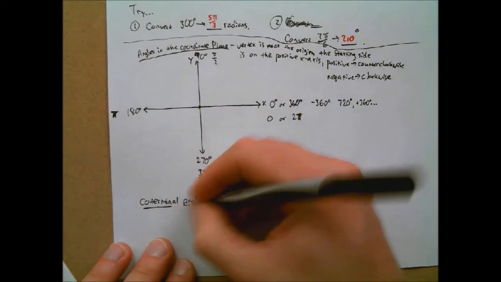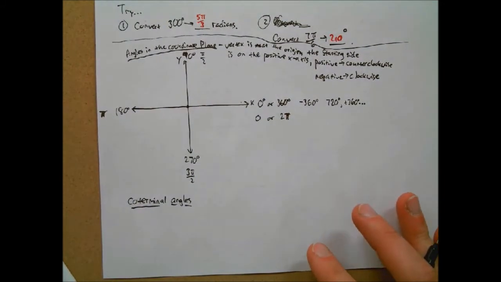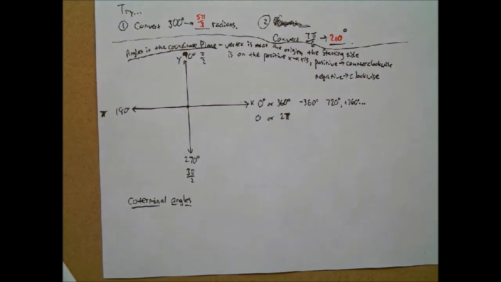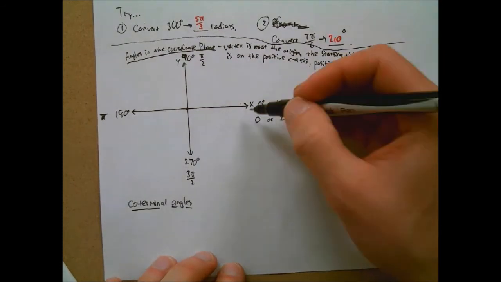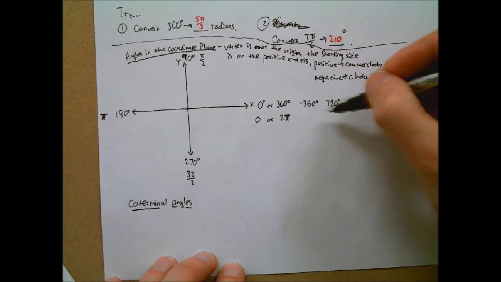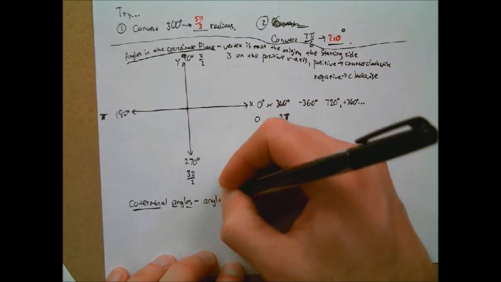So again, mathematicians not being super creative, but their vocabulary is packed with meaning. Co, share. Terminal, end, but also the same start too. So coterminal angles share both the same starting and stopping positions. Like our 0 or 360 or negative 360 or 720, all of these angles share the same starting and stopping position.